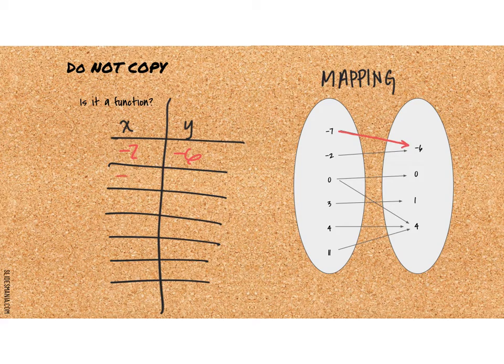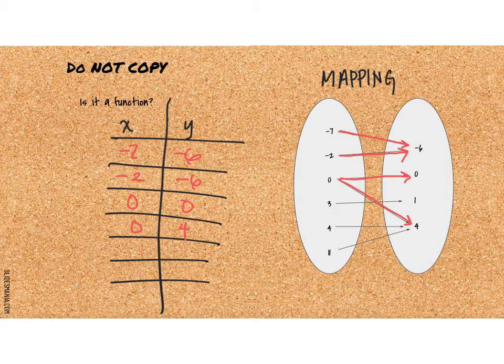Then I have -2 and -6. The next one I have is 0 and 0. And I also have another line going from 0 to positive 4.